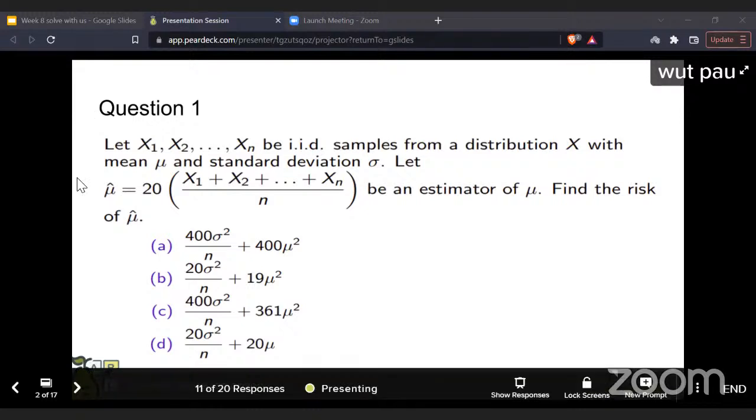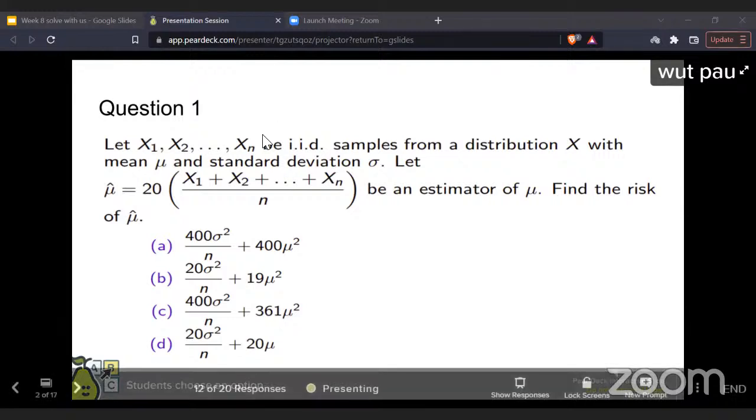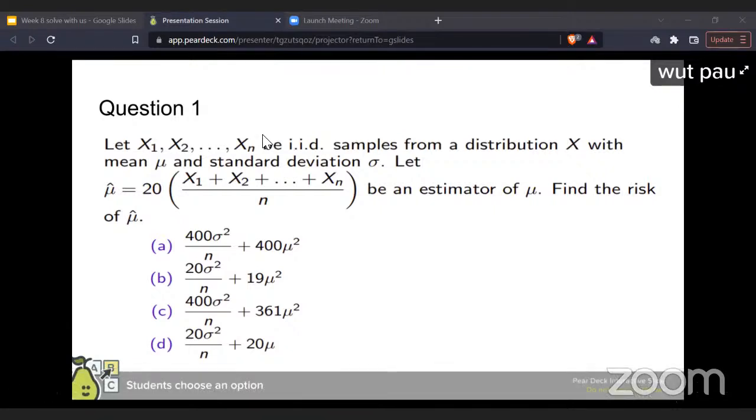Anyone would like to answer this question? Anyone would like to explain how do you find the risk of an estimator?